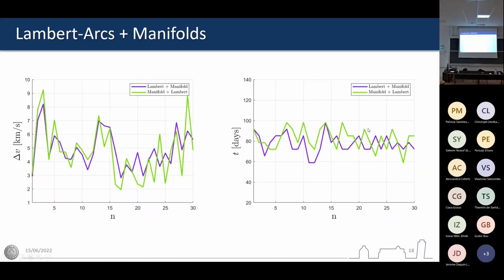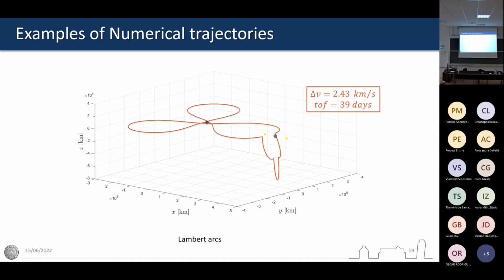We are around 80 days, but we are also able to reduce the delta V consumption. And we found out that the best combination is to have a manifold to reach the target orbit, so to exploit the stability of the intermediate orbit, and then to have Lambert-Arcs to leave from the target orbit.